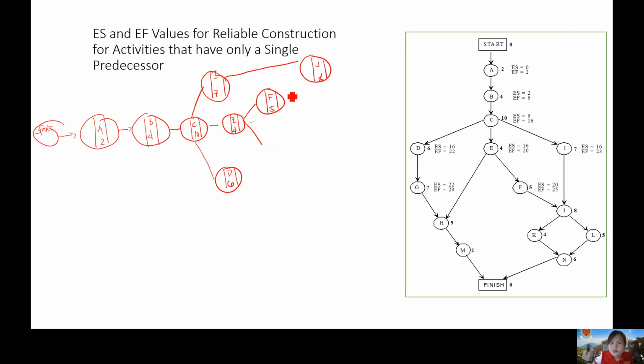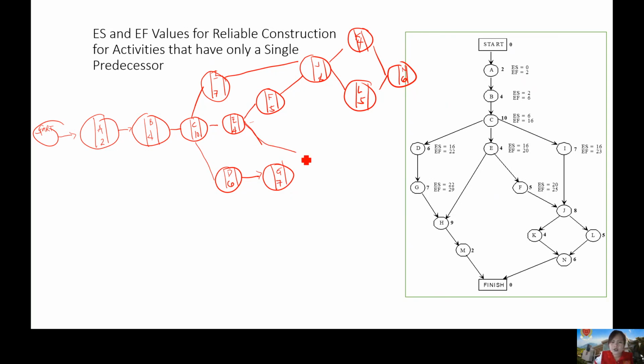G, 4 weeks. L, 5 weeks. Another one, 6 weeks. G, 7 weeks.